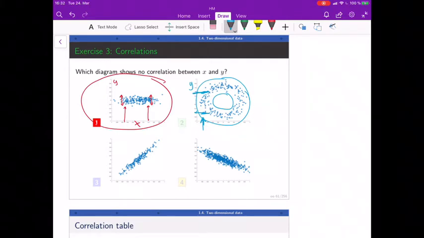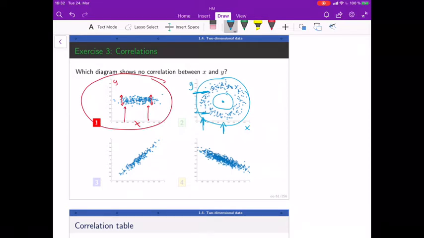If I tell you x has this value, you know that definitely there's no data in the middle. So x gives us quite a lot of insight into y. Still, as we're going to see, the linear measures of correlation will give you a 0 here, but it's just a non-linear correlation.